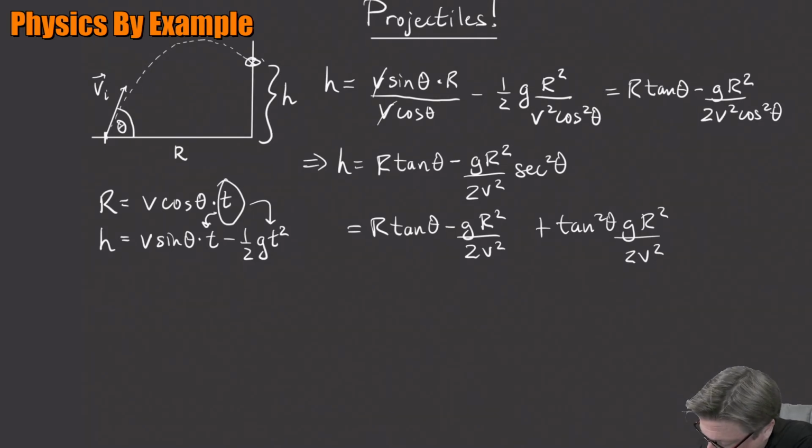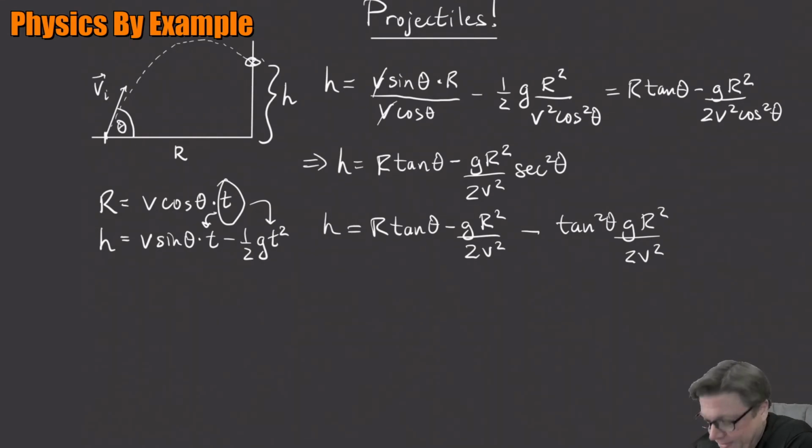I guess this would be a minus, right? Multiplying that out. So I got my r tangent theta, and I got my minus gr squared over 2v squared. And then I got the same term times tangent squared theta. And this equals our h.